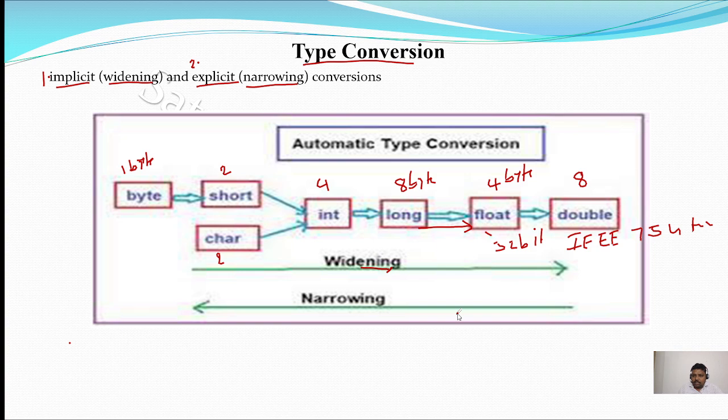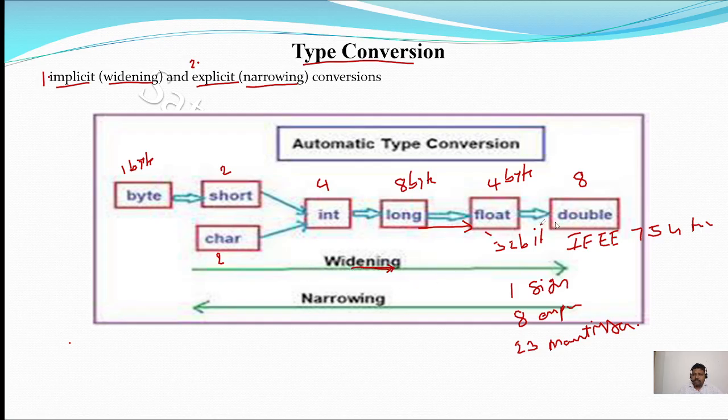In this 32 bits, 1 bit is a sign bit, 8 bits is the exponent, and 23 bits is the mantissa. It is represented in this format. Now can we convert this long data type into float type? Is it supported or not? Just see one example program, then you can understand that. So this type is called widening.